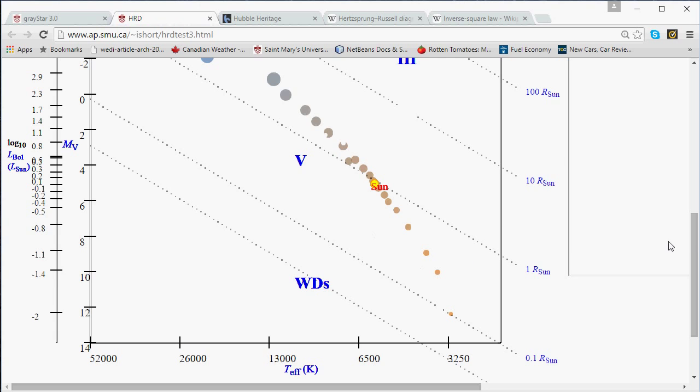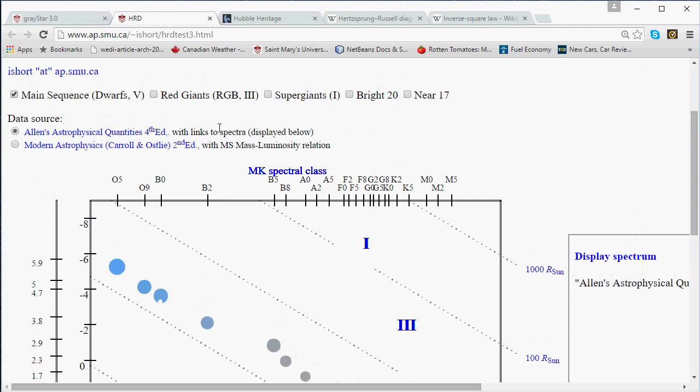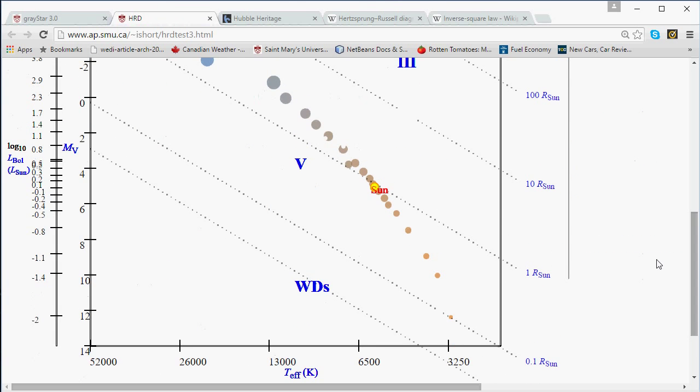Okay, I just want to address an issue with terminology here. This group of stars is referred to as the main sequence, and normally in daily life, when we use the word sequence, often we're thinking about a time sequence. We're thinking about something that changes with time. That is not what's going on here. The main sequence is not a time sequence.